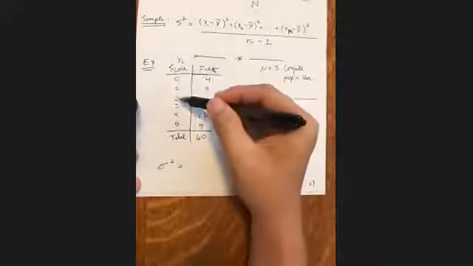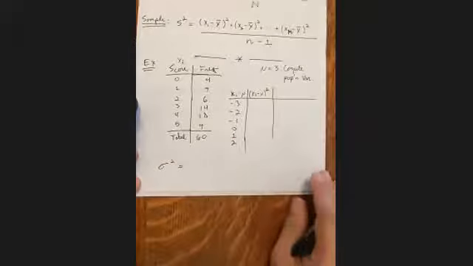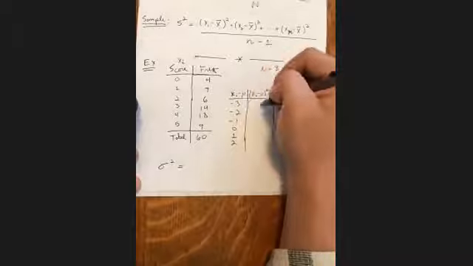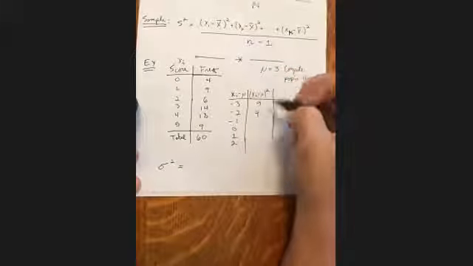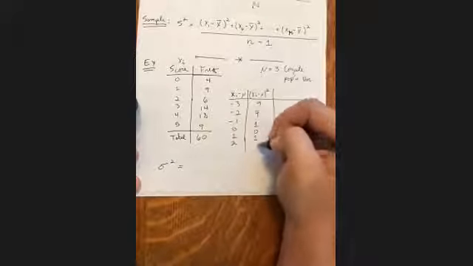So that's 6 values. Then we're going to take all of these and square them. Minus 3 squared is 9, minus 2 squared is 4, minus 1 squared is 1, 0 squared is 0, 1 squared is 1, 2 squared is 4.